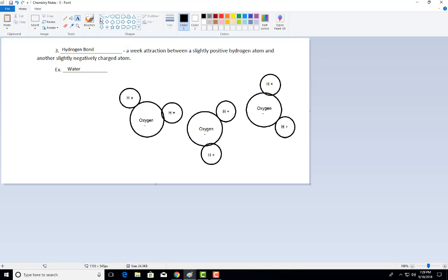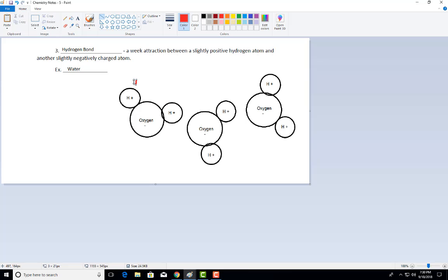But one of the things you may notice is that over here, there are two hydrogens. Now what's happening is the electron around the hydrogen is spending most of its time by the oxygen. The same over here: instead of being around the hydrogen just as much, the electron is spending most of its time close to the oxygen. So what does that do to the hydrogens?